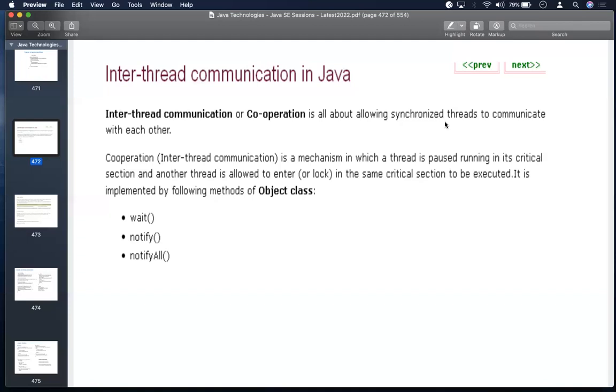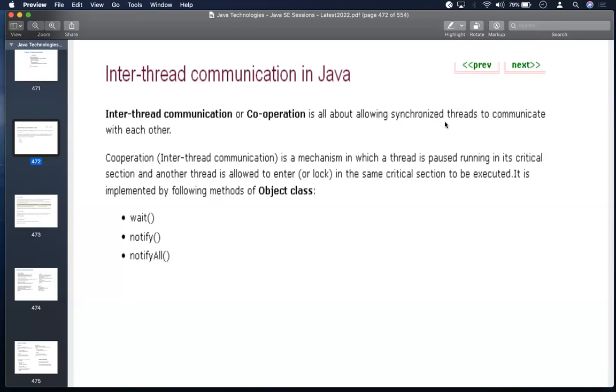But if the reader thread has come first by obtaining the lock, and it is waiting for reading, but there is nothing, and the writer thread is waiting for the lock that's not released by the reader, the reader will now starve. The writer can write, but the reader is not releasing the lock. So in a synchronized environment, there is always a problem of starving.